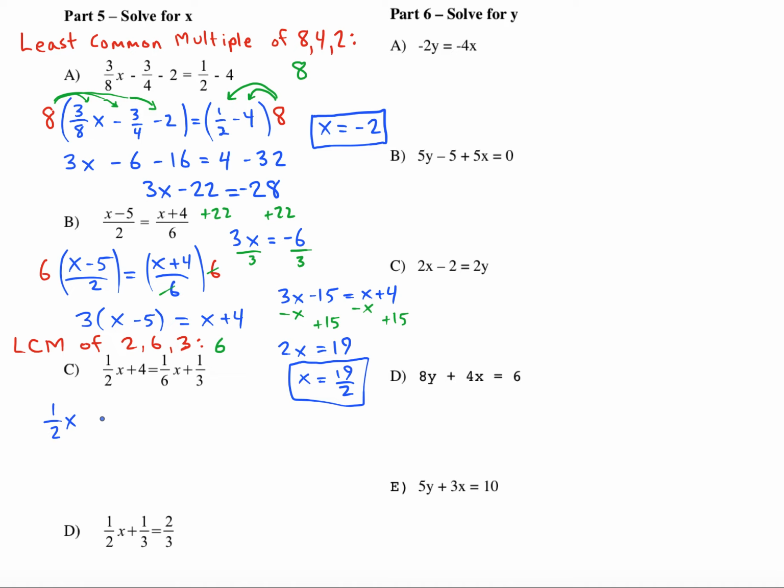We want to space them out a little bit though. The reason I'm spacing them out is because I want to multiply all of them by something.